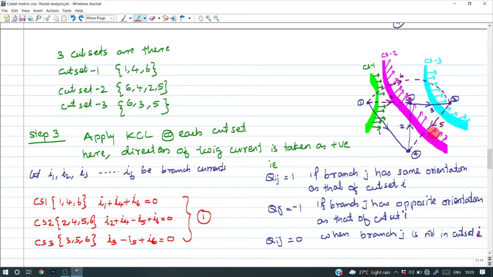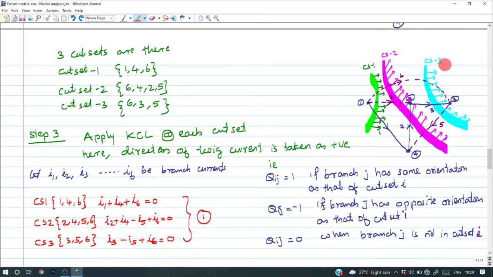From this graph, it is very clear that the orientation of cut set and branch current I5 is opposite. So its sign is minus I5. And I6 direction is same as that of cut set 2, so it is positive. So the KCL at cut set 2 is obtained as I2 plus I4 minus I5 plus I6 is equal to 0.